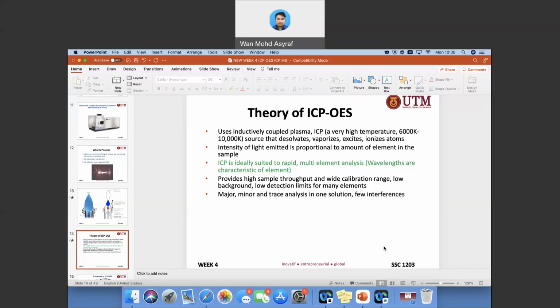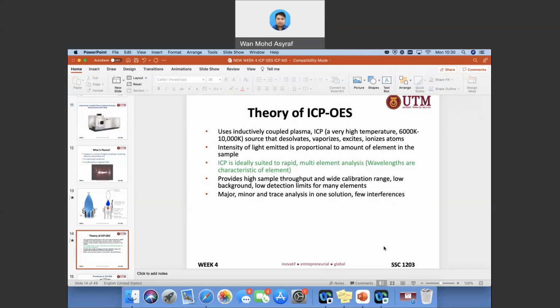The intensity of the light emitted would be proportional to the amount of element in the sample. So the higher the intensity means that the concentration or the amount of the element would be high as well. Okay, it's directly proportional.